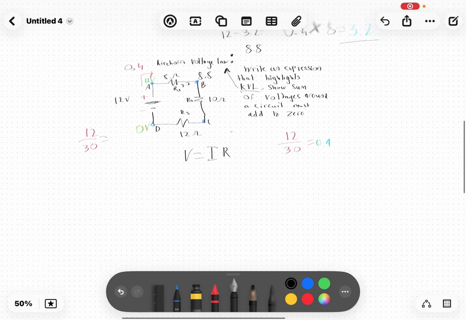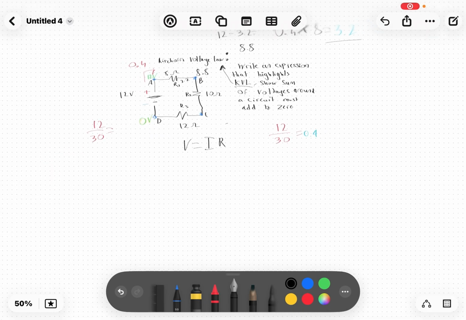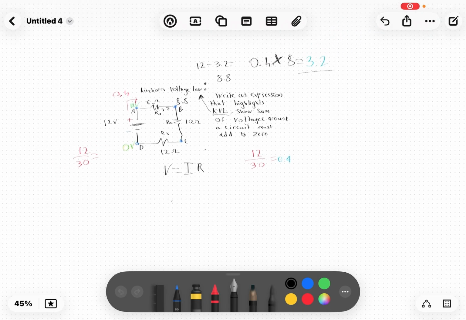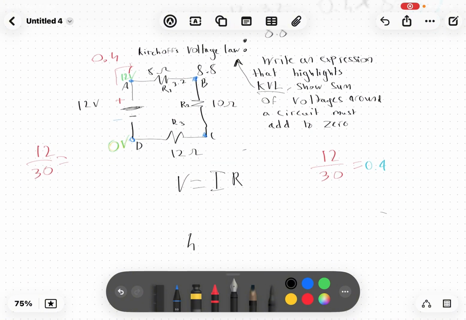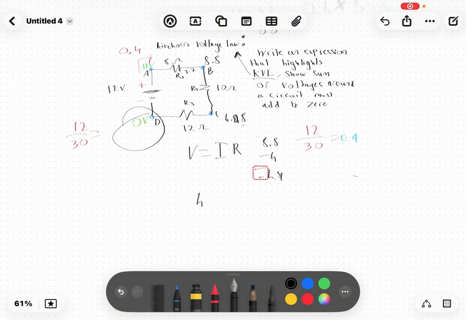Now here, we do 0.4 times 10, which is 4, so over here will be 4.8, because 8.8 minus 4 equals 4.8. Then check that with 0.4 times 12. Okay, why is my laptop lagging?